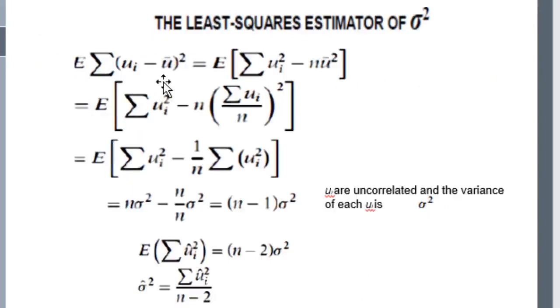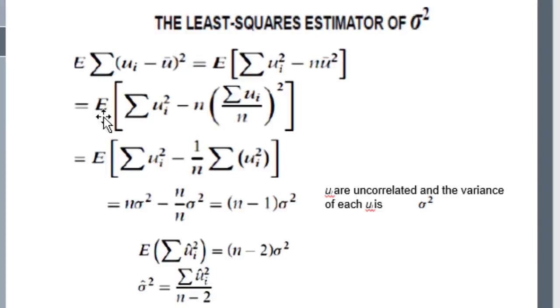That is the expected value of (ui minus u bar) the whole square, which can be written as the expected value of sigma ui square minus n u bar square. Now distribute sigma to this equation. Then it will give the expected value of sigma ui square, and sigma u bar, if we distribute sigma, we know that it is a constant and we can write this as n into u bar the whole square.